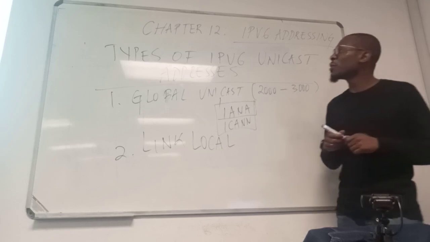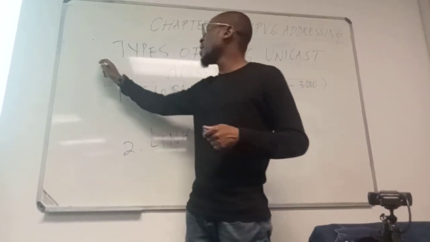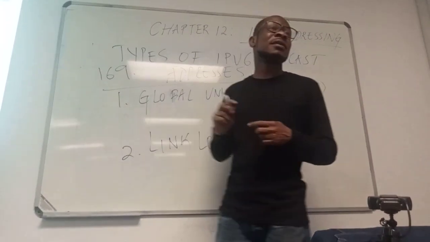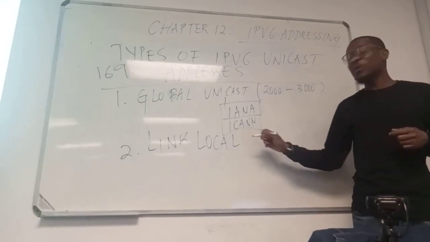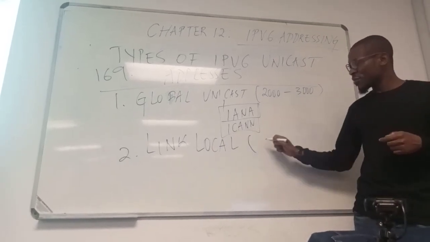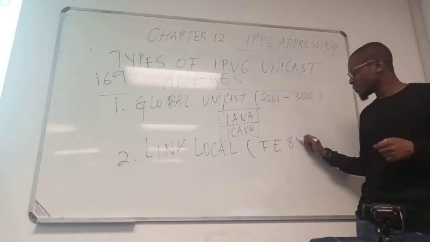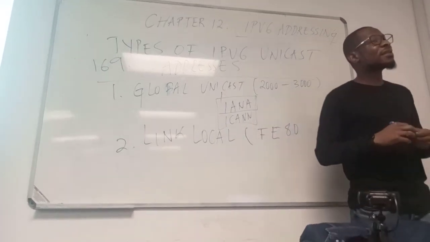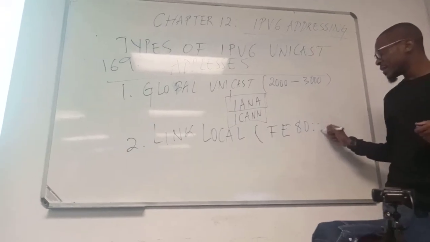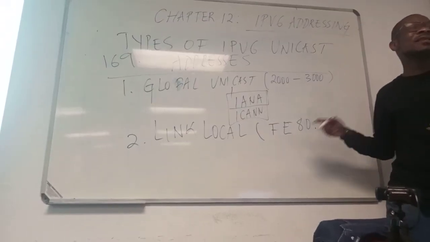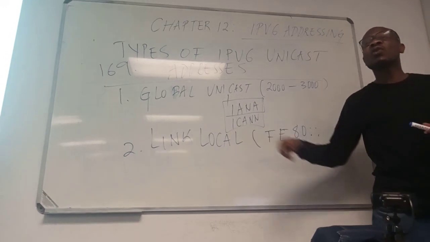For IPv4, remember that it always starts with 169, the APIPA one, right? But for IPv6, it always starts with what? FE, right? So when you see something like FE80, we call it link local.